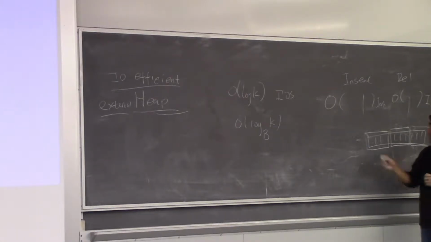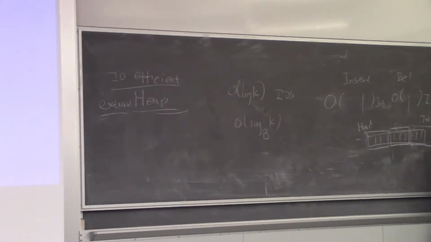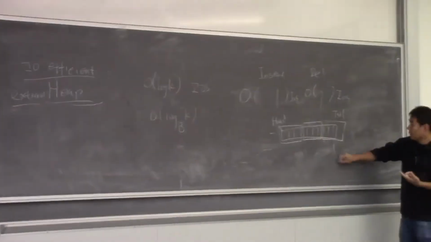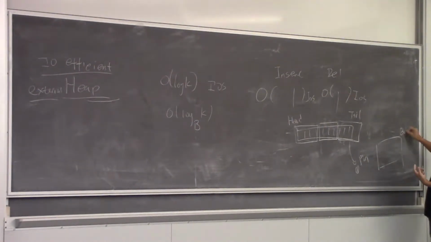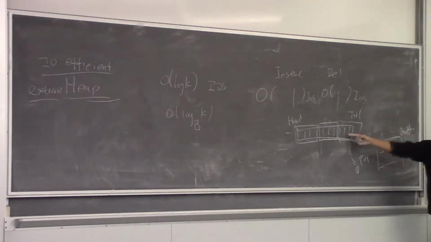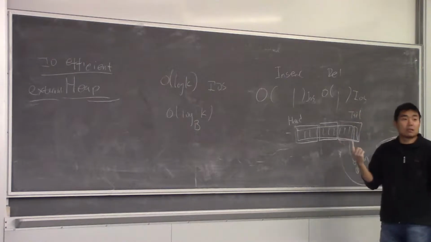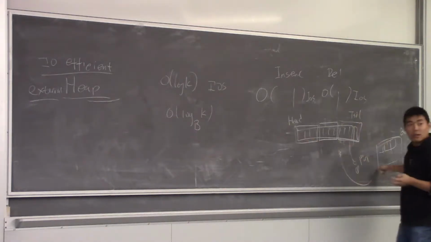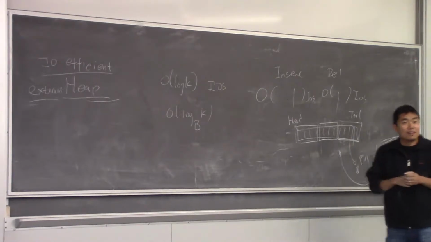When you insert an element, this is the head, and this is the tail. What do you do? Pin this page, buffer. There are 3 items here, add it to it, and then what? Write it back. So how many IOs? 2. In big O is what? Constant. Deletion is the same. You pin this, remove 1, and write it back. You follow me? Is that the best you can do?